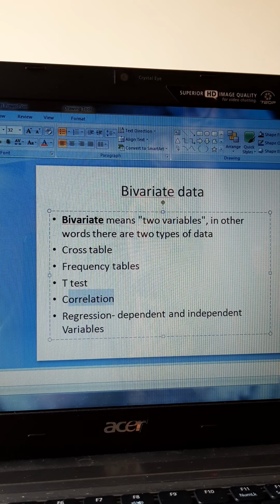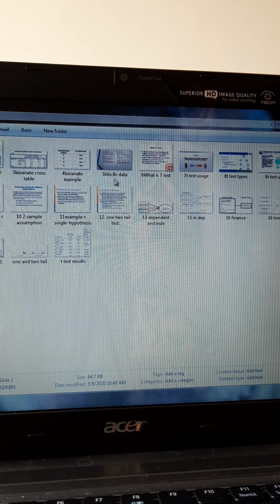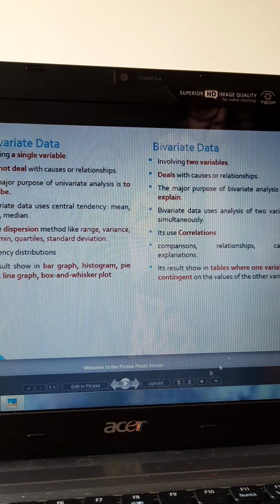So what we have seen today is a variety of examples of t-tests, what is univariate test, what is bivariate test, and what are the examples of univariate, what are the examples of bivariate.